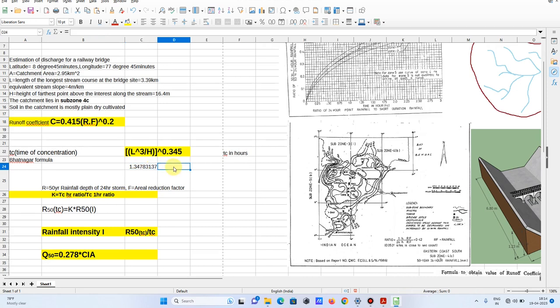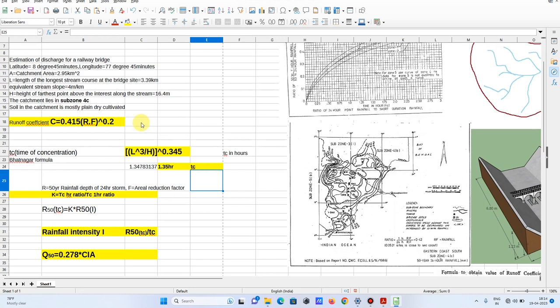I can mention it as 1.35 hours. So this is my TC value. So the TC value is 1.35.